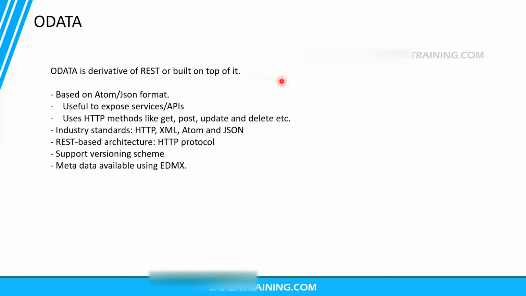So API built on what? XML, HTTP, right? So these are open standards. So that can be understood by any browser, any application, or any system as well. Okay, so that is how we call it open standards. So OData and SOAP are both open standard APIs. They're built on top of open standards. They use open standards to build.